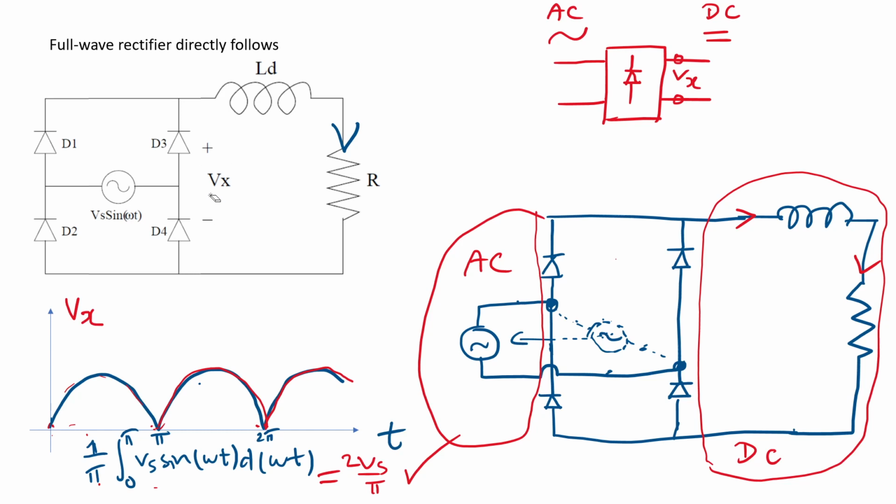And this VH is the source for the DC side. And sometimes you can see the schematic for the full wave rectifier to be like this or like this. They are the same, right?